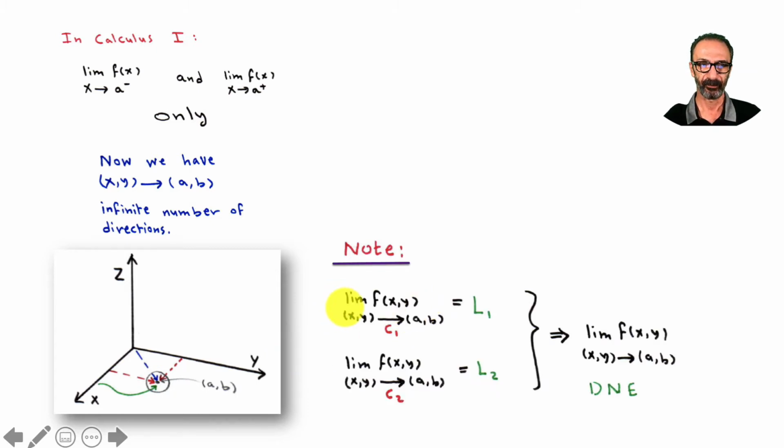However, if you're lucky and you find the limit of f of x, y as x and y approach a and b on some curve, some path, C1, to be L1, and you find it on a different curve to be different, that's why it's called L2 instead of calling it L1 again, then we're done, case closed. The limit of f of x, y as x, y approaches a, b does not exist.